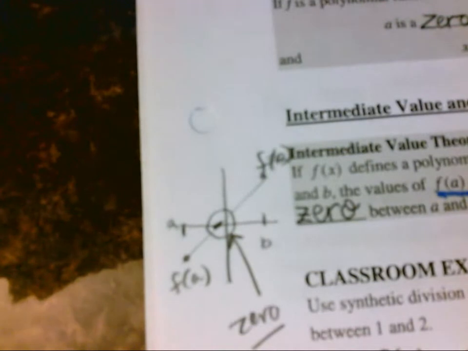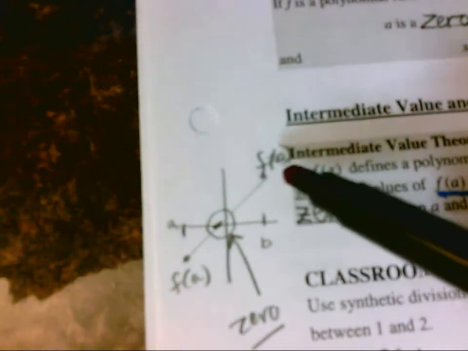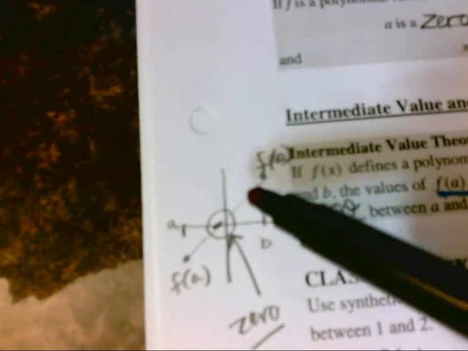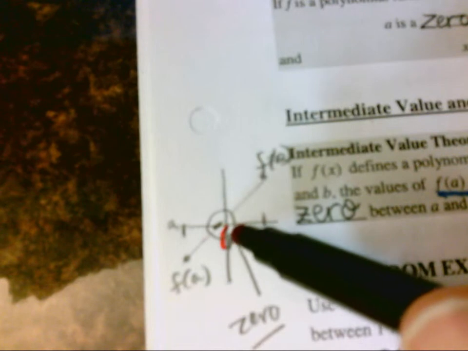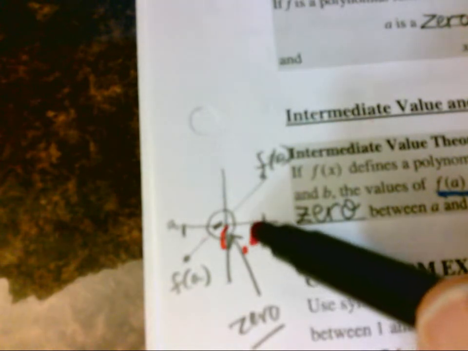So that's what they're telling you. If you have f of A and f of B, and one is positive and one is negative, then somewhere between them, you are going to have a 0. It's going to have to intercept here because all the points here are something comma 0.